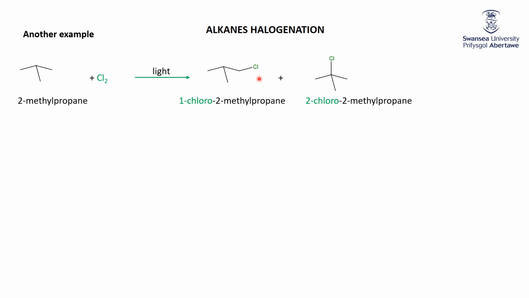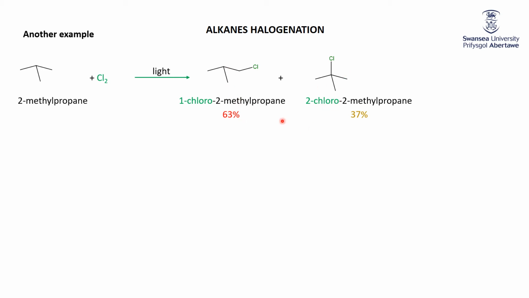Either the chlorine goes on one of these primary positions, or it goes on to what would now be a tertiary position. We get 63% of the 1-chloro, 37% of the 2-chloro. So you look at that and say, remembering how these come from the free radicals, this free radical must be better than this free radical.